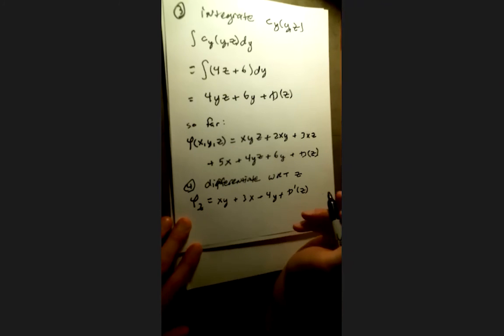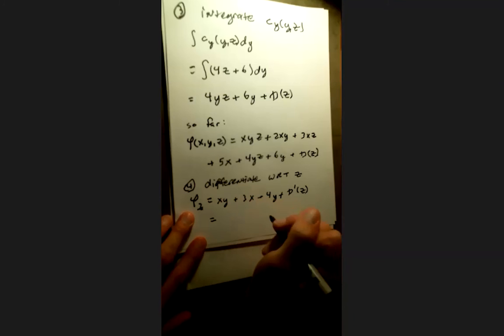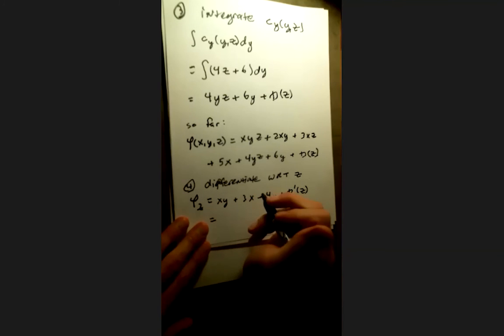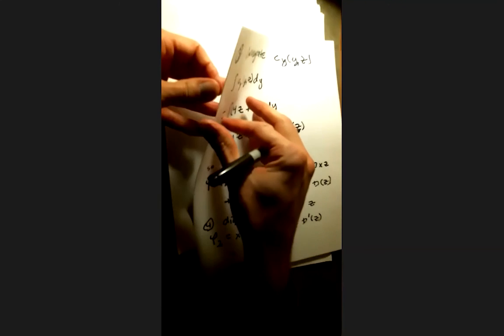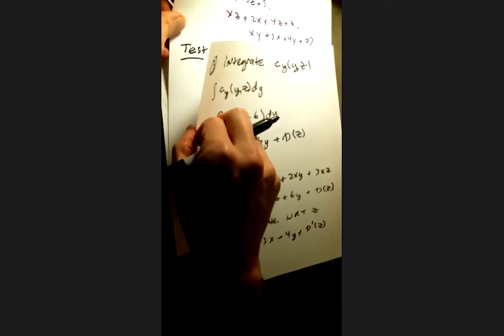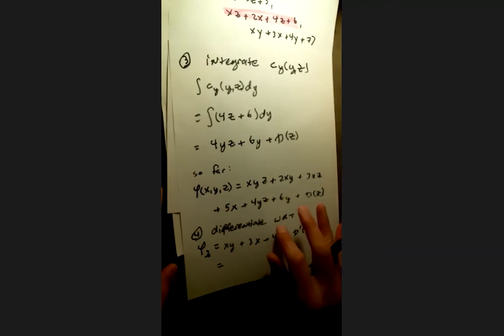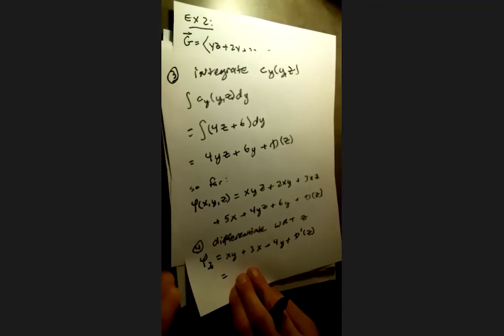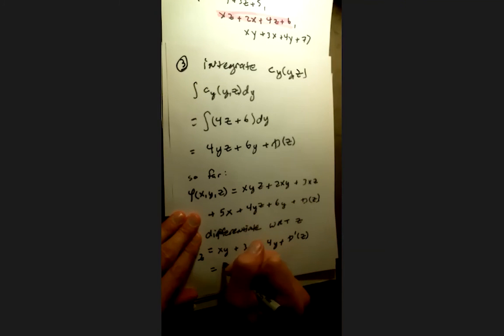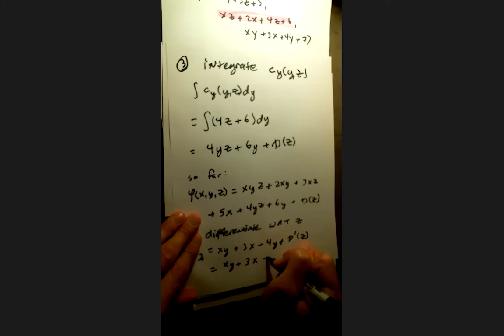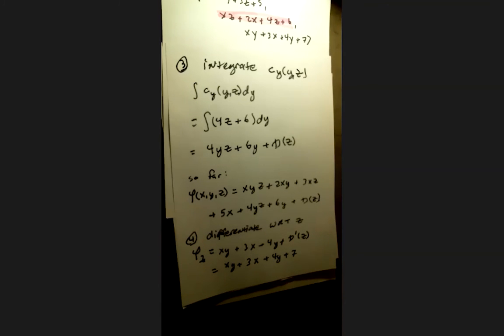And we can set this equal to our h function, which is xy plus 3x plus 4y plus 7.